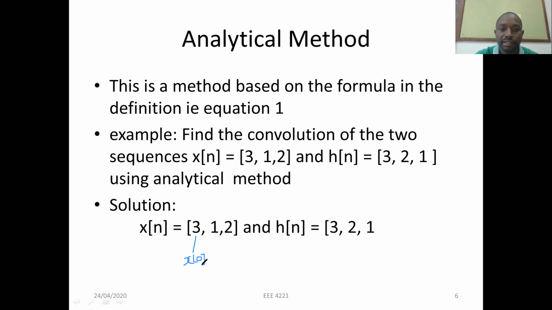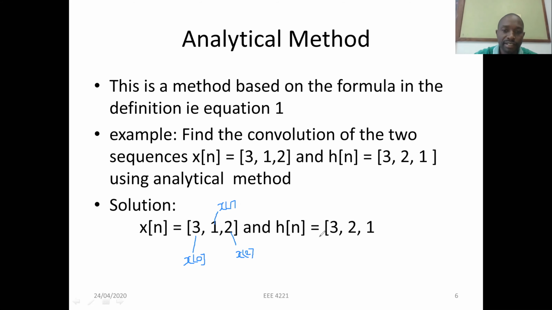The next one is at position x of 1. And the last one is at position x of 2. It's very important to remember.